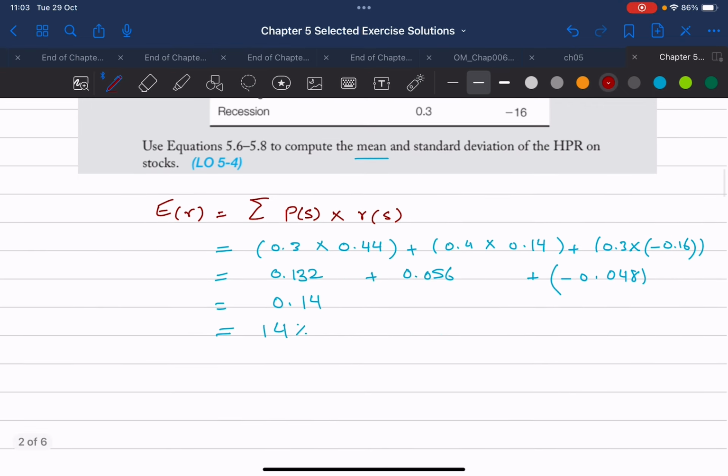And the way we do this, variance of R, which is equal to sigma squared, is calculated by the sum of the probabilities multiplied by the return on each scenario minus the mean we just calculated in the first part, squared.